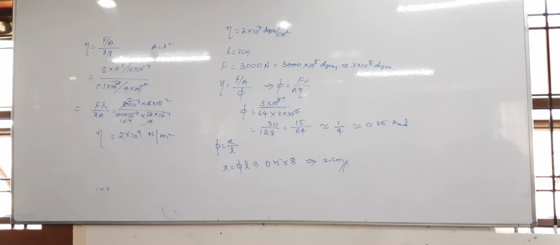Write a problem which you can work out. A square lead slab of 50 centimeters and a thickness of 10 centimeters is subjected to a shearing force on its narrow face of magnitude 9 into 10 power 4 newtons.